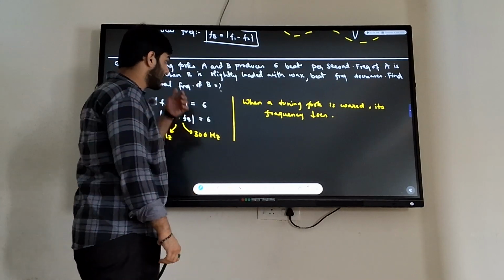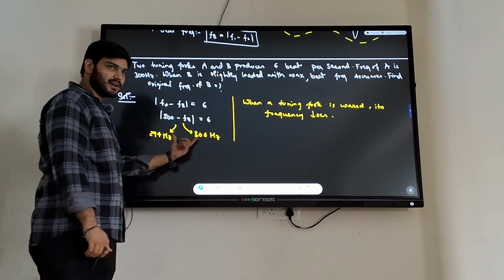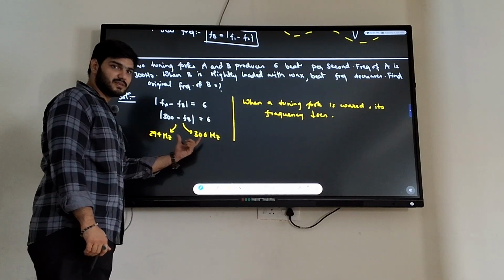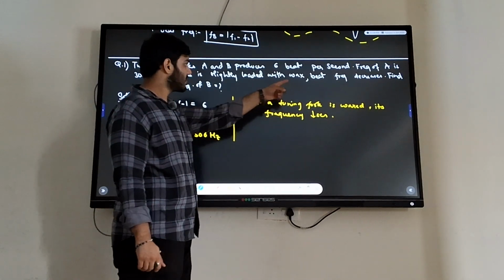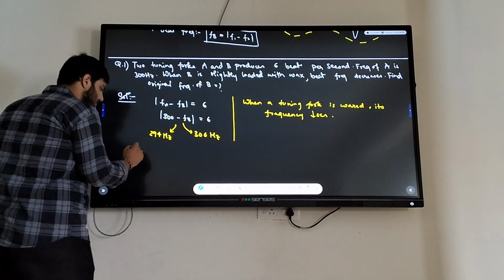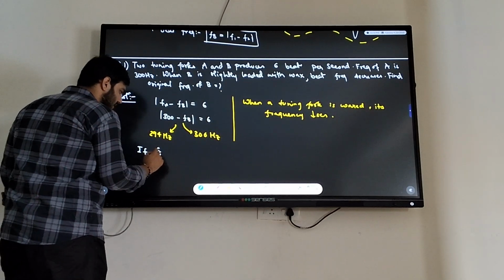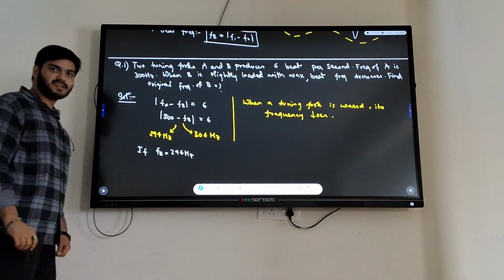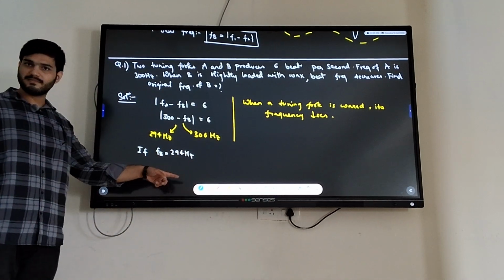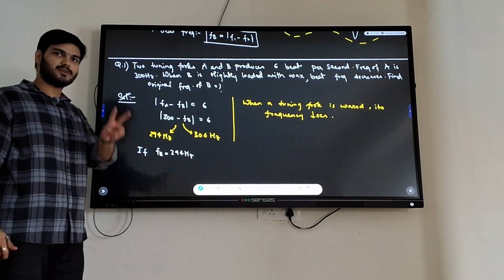So let's say whatever you assume, there are two initial possible values. Na? Out of these things, when you wax, your beat frequency should decrease. So let's say if my initial value were to be 294, if FB equal to 294 Hertz, when you wax it, this frequency will decrease. Yes or no? Let's say it decreases by some value, let's say 2 Hertz.